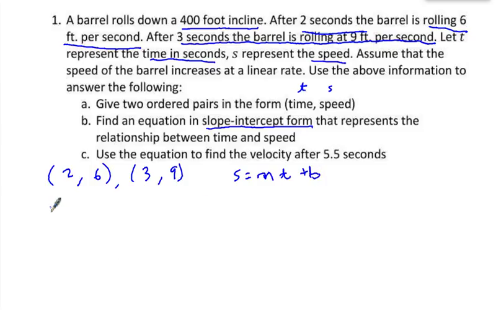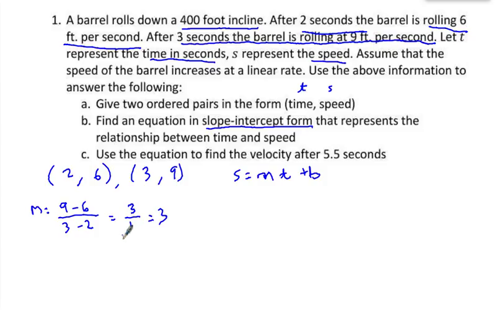So we need to first find the slope, as we did earlier in previous videos. So m equals (9 minus 6) over (3 minus 2), which is 3 divided by 1, or a slope of 3.